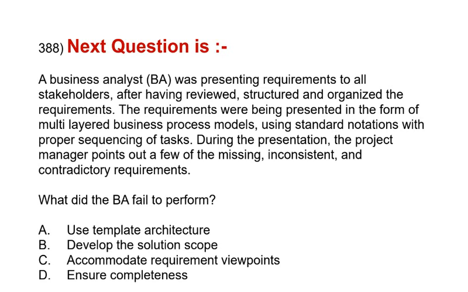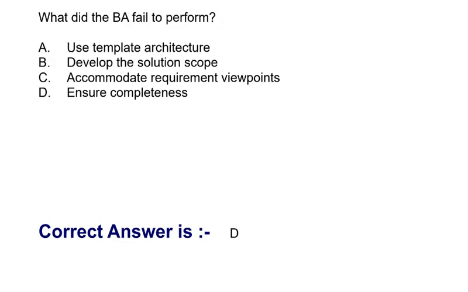During the presentation, the project manager points out a few of the missing, inconsistent, and contradictory requirements. What did the BA fail to perform? Option A. Use template architecture. Option B. Develop the solution scope. Option C. Accommodate requirement viewpoints. Option D. Ensure completeness. Correct answer is option D.